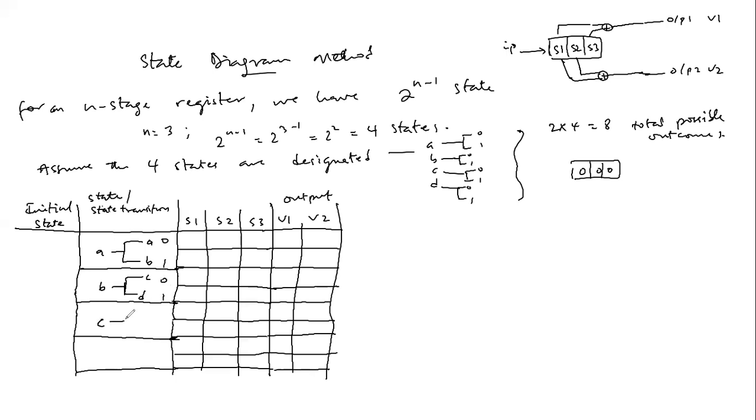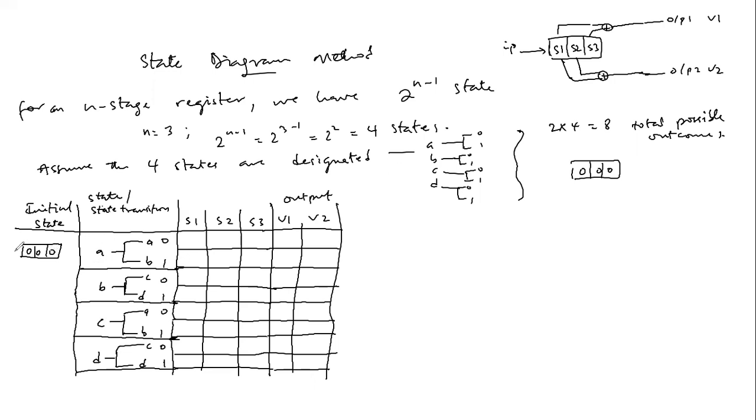Now for C, it can also connect to either state A or state B, can emit a 0 or a 1. And for state D, it can either connect with state C or state D, and it can emit either a 0 or a 1.